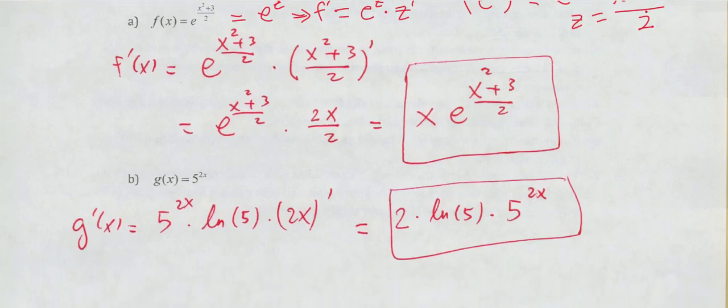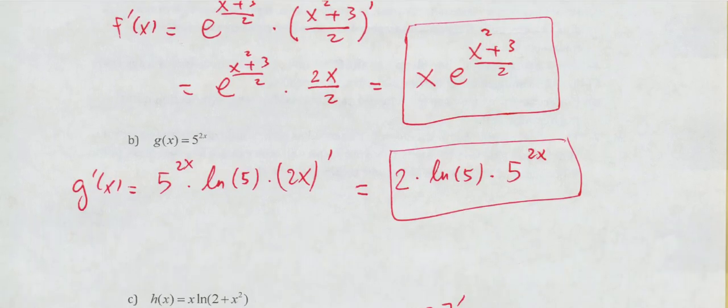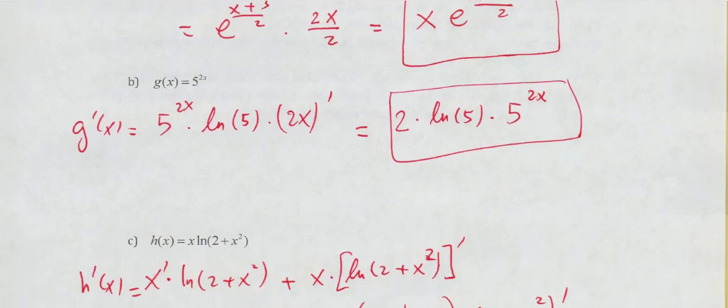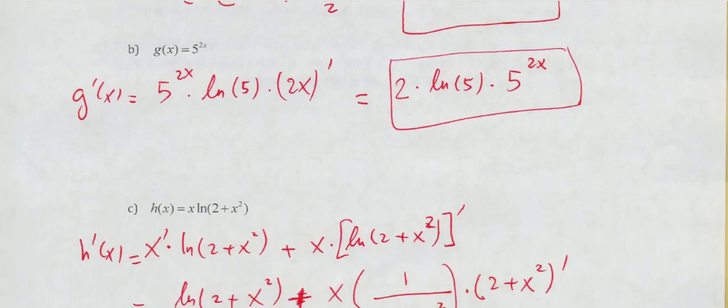Now moving on to part B. Part B has a function g of x equal 5 to the power of 2x. Remember that anytime we have a function a to the x power, when we take the prime of that, you end up with a to the x, the same thing, and then we multiply by the ln of a.